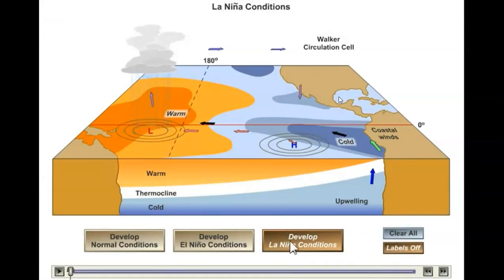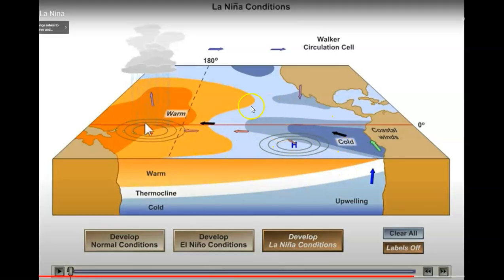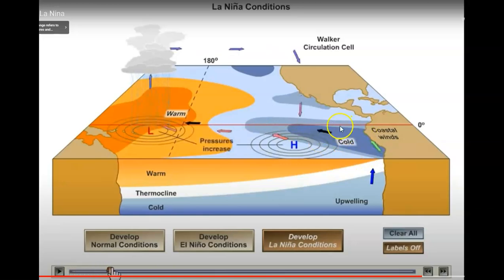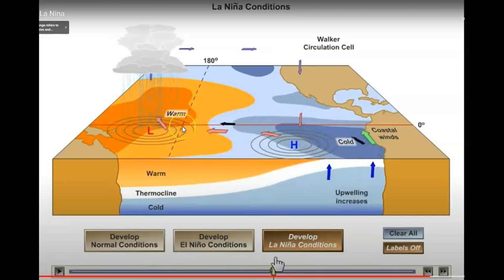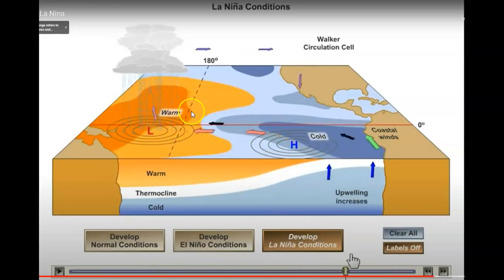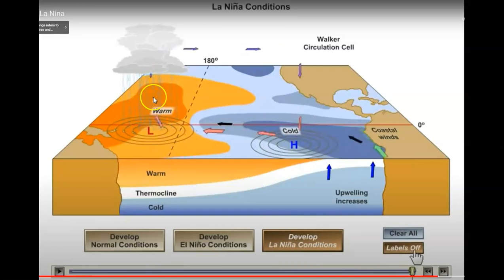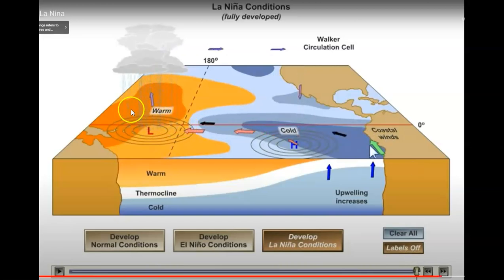That's El Nino. La Nina is actually an exaggeration of normal conditions. So here are our normal conditions, where we have these great upwellings, lots of fish food, warm here. But in the case of La Nina, the warm conditions are actually going to shift west.